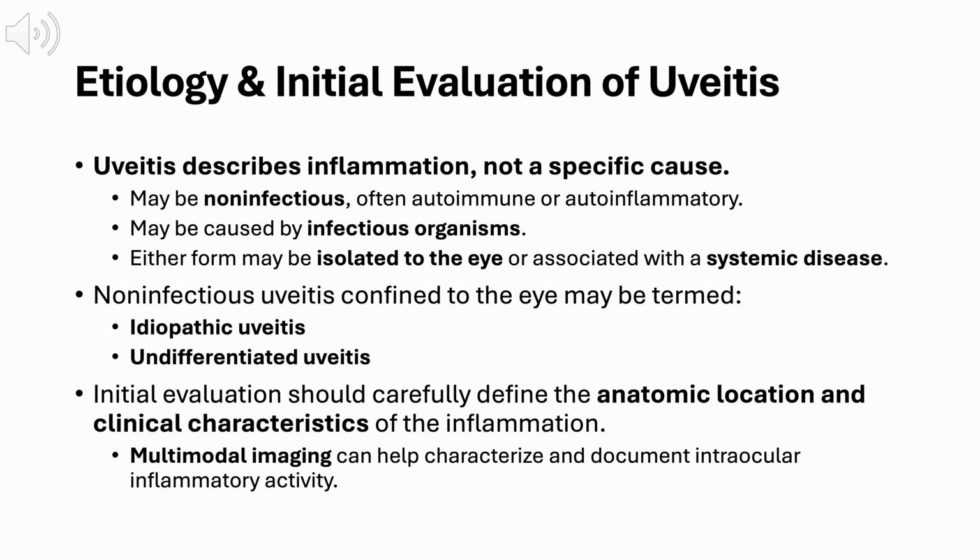When non-infectious uveitis stays limited to the eye with no identifiable cause, we call it idiopathic or undifferentiated uveitis. The job of the initial evaluation is to carefully pin down the anatomic location and clinical character of the inflammation, and multimodal imaging can help characterize and document how active it is. Nailing down where and what kind is the foundation everything else builds on.